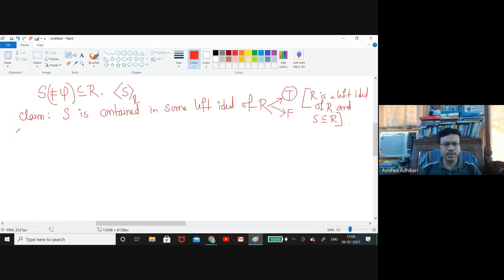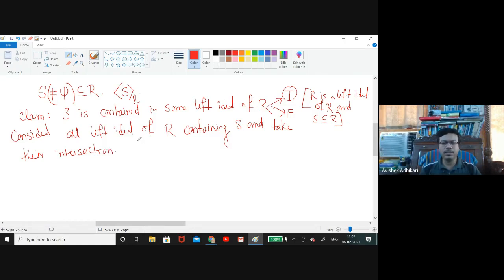So consider all left ideals of R containing S and take their intersection.